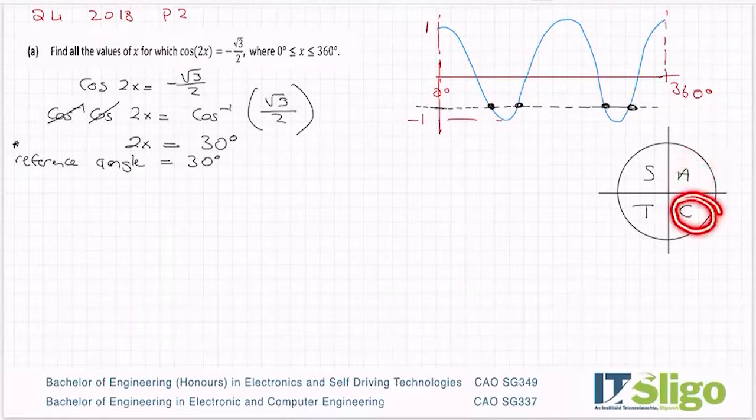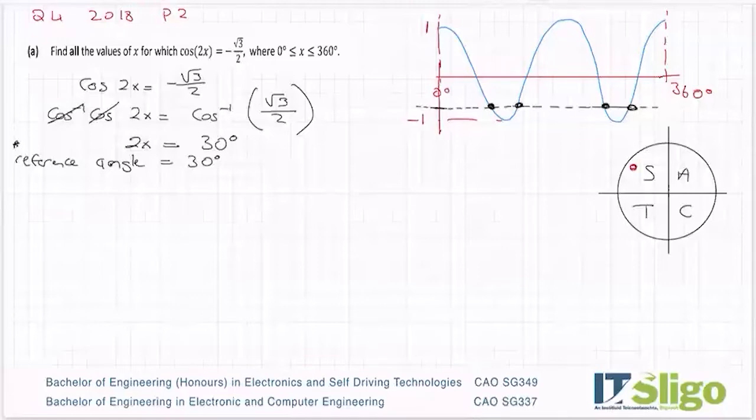We know cos is positive here. So this is the quadrant where cos is negative, and in this one, cos is negative. Okay, so the angle sizes must be between 90 and 180 for cos to be negative here, and they must be between 180 and 270 for cos to be negative here.